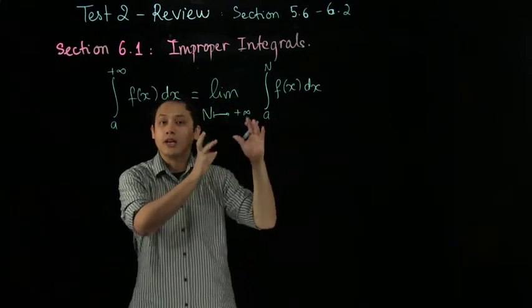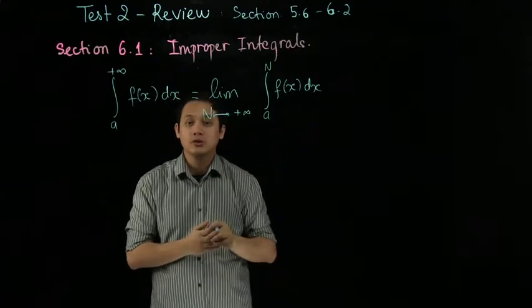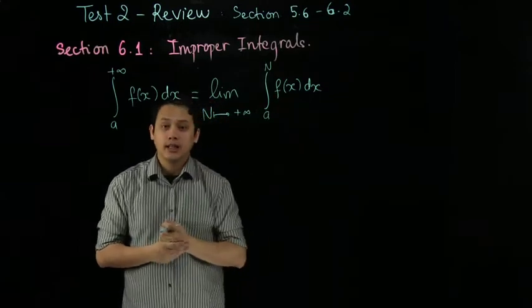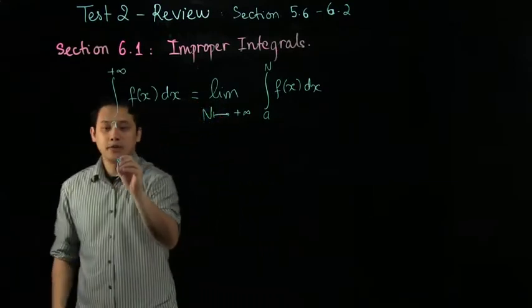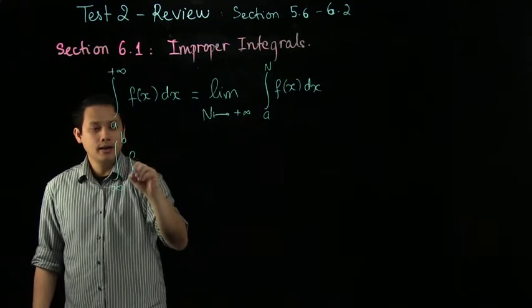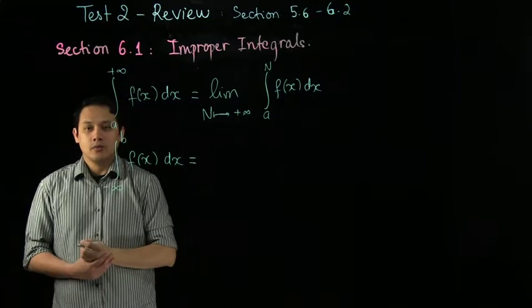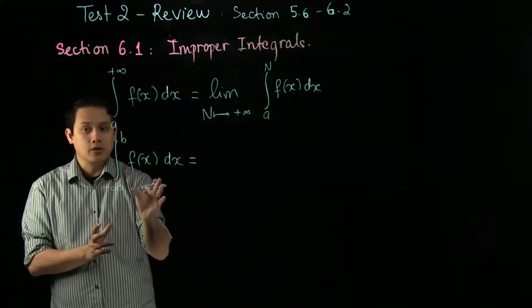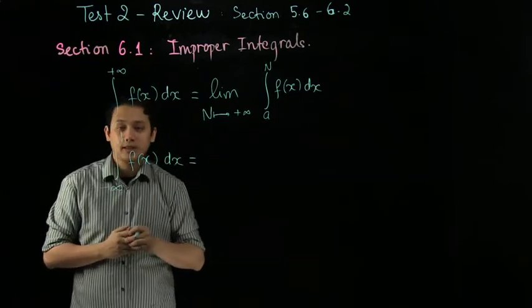And from here, you can use algebraic manipulation or numerical estimation to solve this limit of definite integral. The second type would be the integral from negative infinity to b of f of x dx. Once again, this is the improper integral, and you should rewrite this using the limit of definite integral.